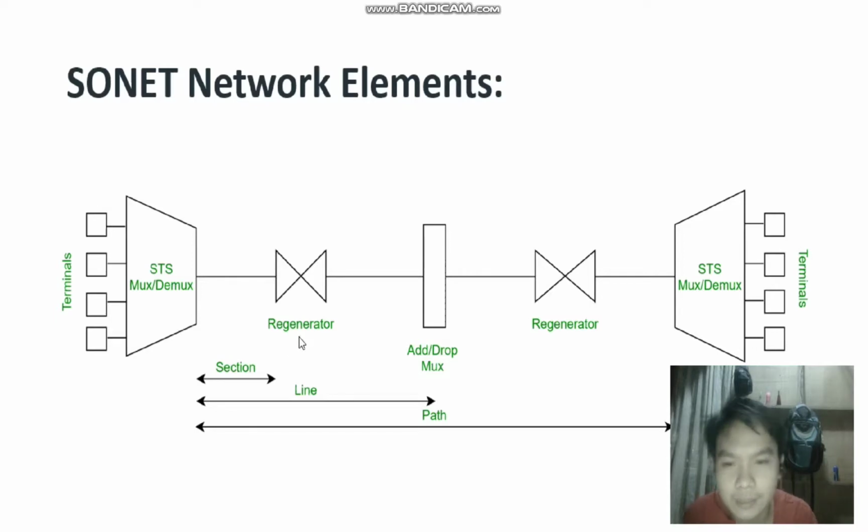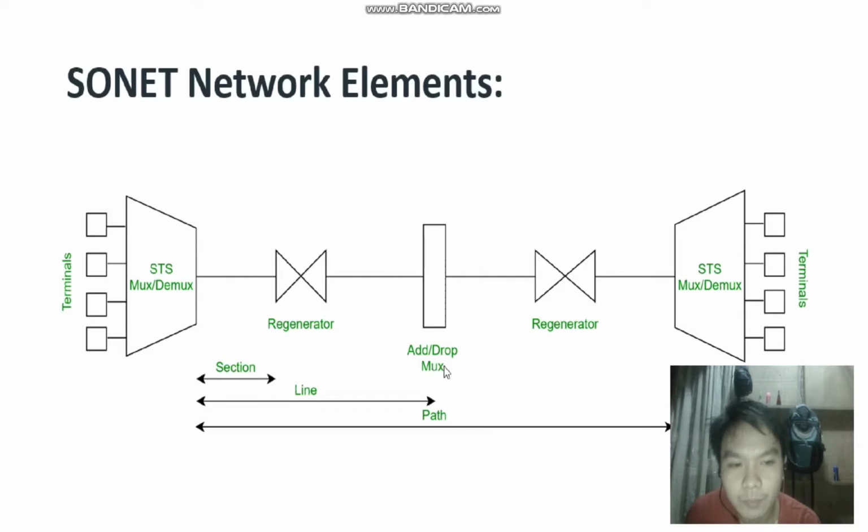So what is the regenerator? The regenerator is a repeater that takes the optical signal that has been multiplexed by the STS mux and regenerates its signal by increasing the strength. Then after the regenerator, it goes to the add or drop mux.